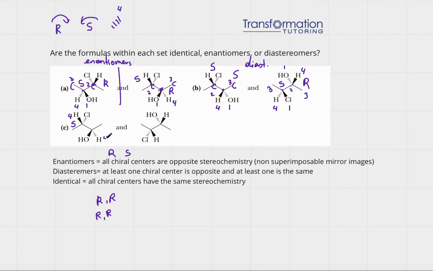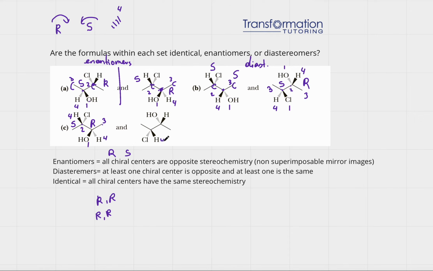This hydrogen is 4, oxygen is 1, carbon, carbon. This carbon is only hydrogens, and this carbon is connected to chlorine. So 2 and 3. Now I have 1, 2, 3. My lowest group, my group number 4 is dashed, so I don't need to switch the stereochemistry. And I go 1, 2, 3, and it looks like this must be R. Now let's go here.